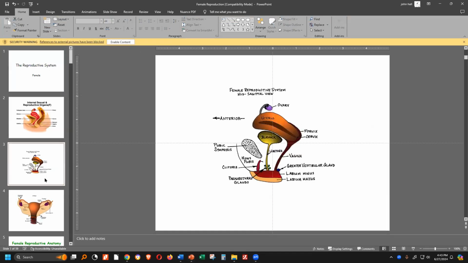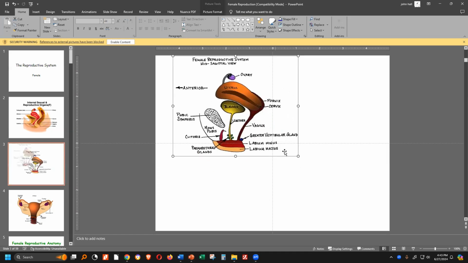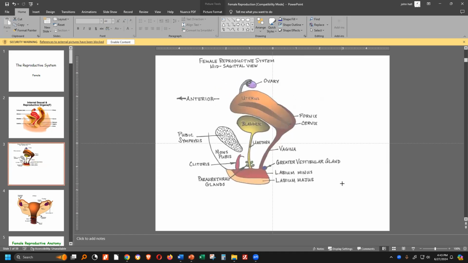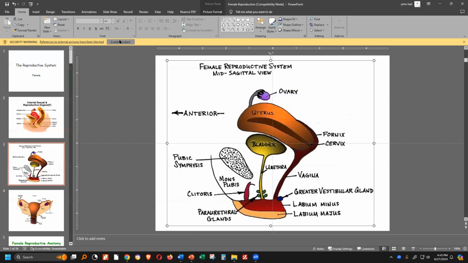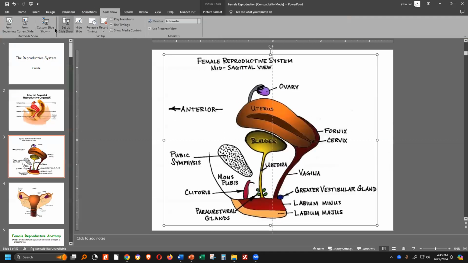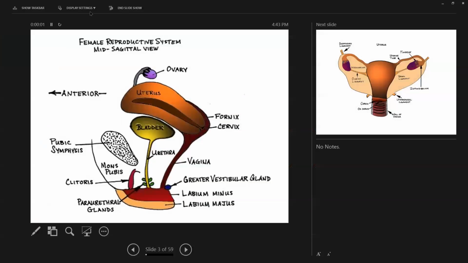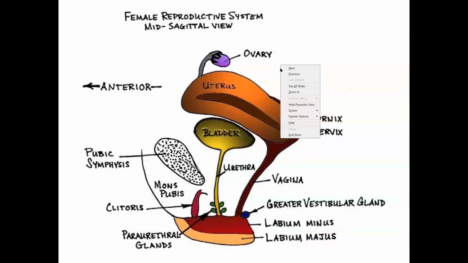Okay, so we're back. So let's make it a little bigger, then we can run through it together. All right, so female reproductive system, take 2.